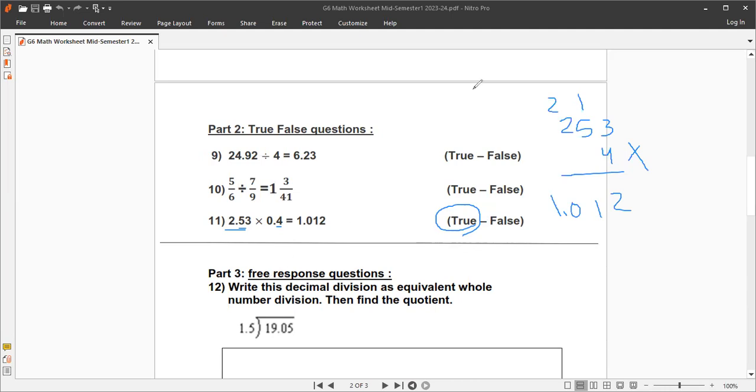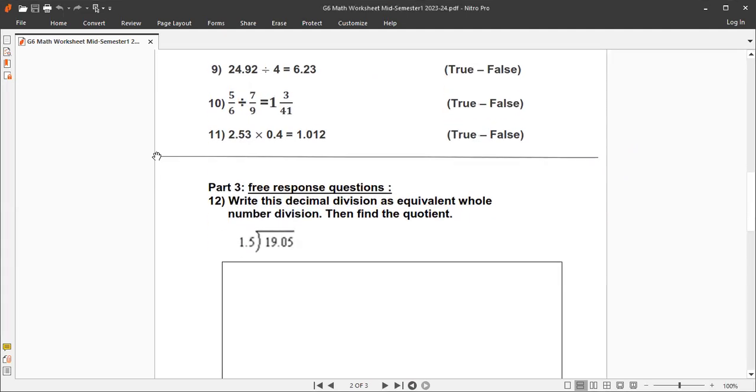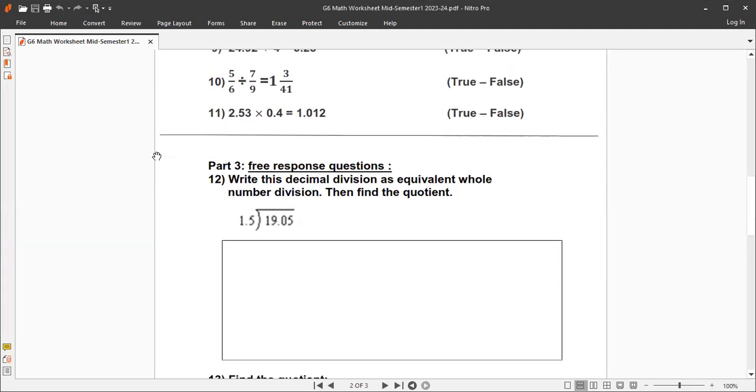Now, next question. Free response. A free response question means you don't have true or false, you don't have multiple choice. So you need to do it. 19.05 divided by 1.5.